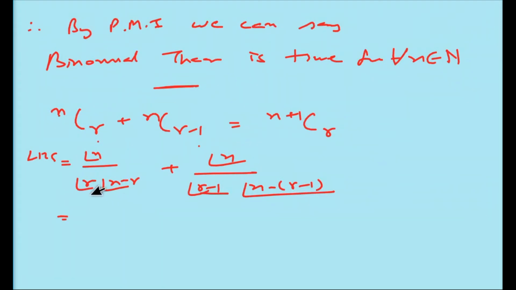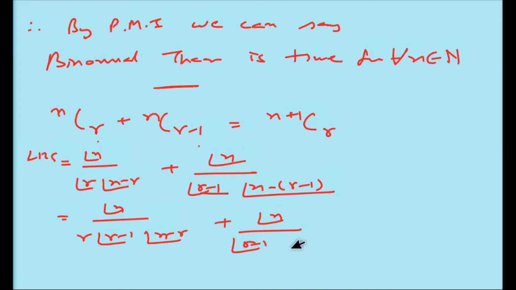Now we can write factorial n upon r factorial r minus 1, and also we can write n minus r plus 1 factorial n minus r. Taking these terms common, what do we get here?